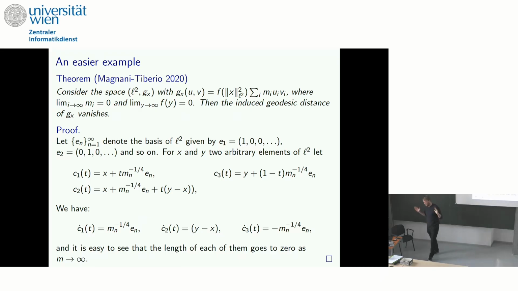So I have x and y, and I first start with x, and I change very high frequencies. I add something that is only living in very high frequencies. E_n is just the standard basis. So E_1 is 1, and then just zeros. E_2 is 0, 1, and then just zeros. I just add to my point very high frequencies.